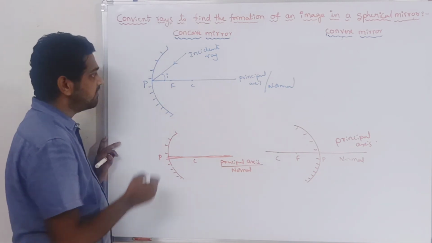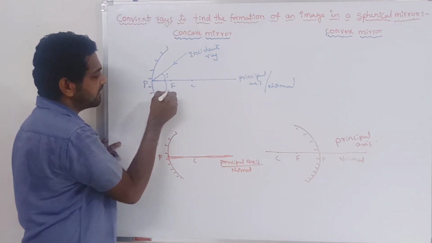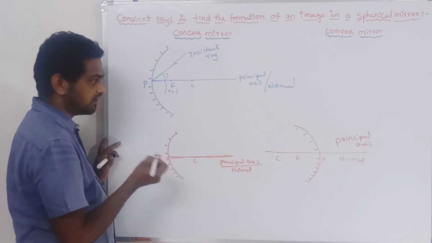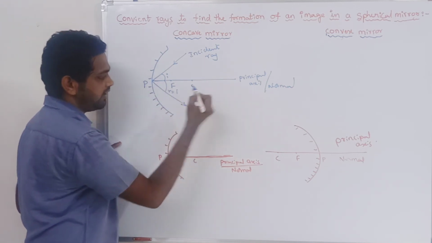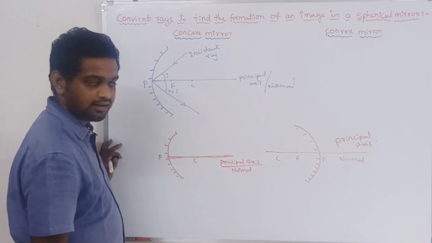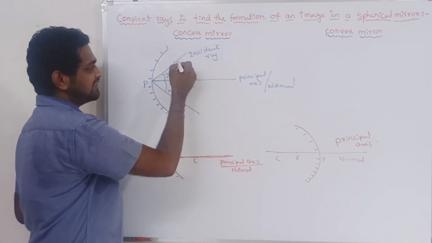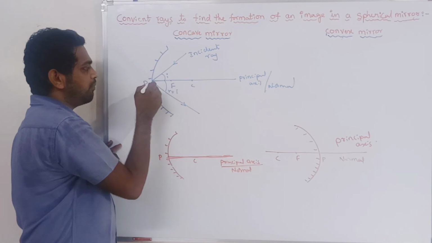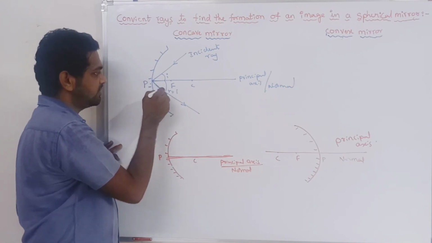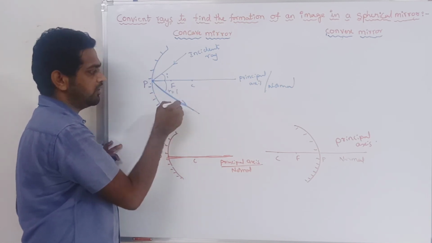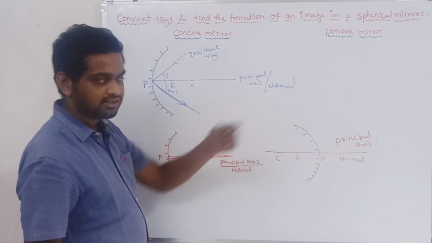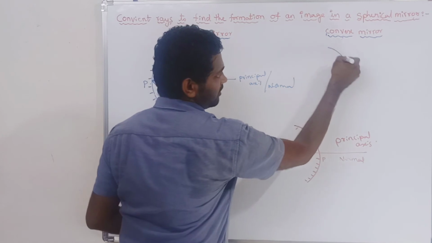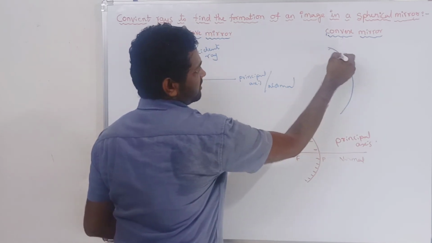So in which direction will you get the reflected ray? Here you will get the reflected ray making the same angle of incidence. So this will be my reflected ray. Clear children? So the ray which is obliquely falling at the pole, after reflection, should move obliquely in the opposite direction, in the case of a concave surface as well as a convex surface. So this is my convex surface.